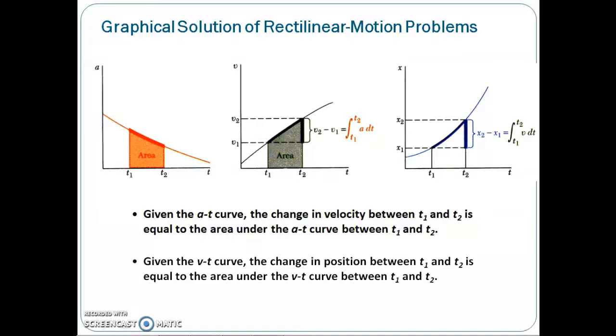And finally, we learned several graphical techniques for the solution of problems involving rectilinear motion. These techniques can be used to solve problems directly or to complement the analytical methods that we have learned. They provide a visual description and thus a better understanding of the motion of a given body, here particularly the particle.